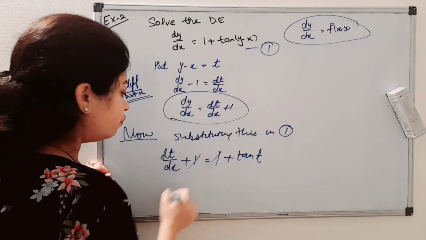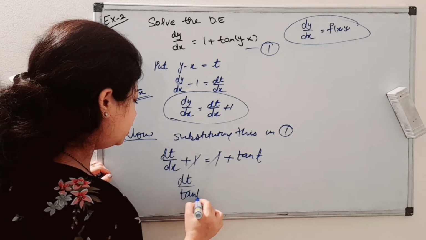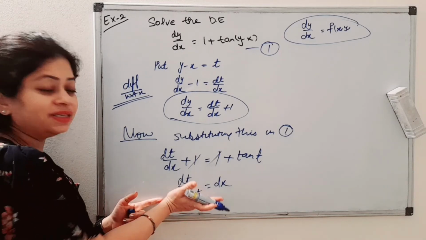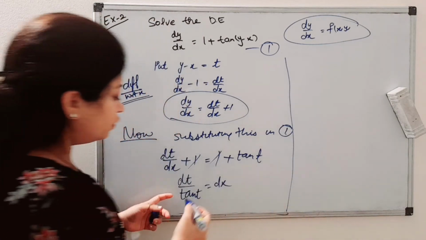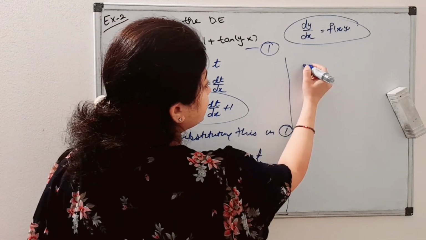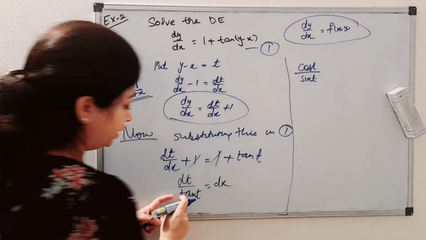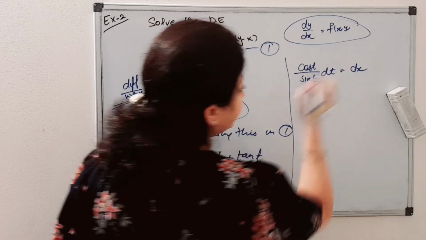So the 1 cancels out, and this is dt by tan t is equal to dx. Can we write it as this? Now variables are separated. So what will we do next? Tan t is sin t by cos t, so cos t by sin t dt is equal to dx.